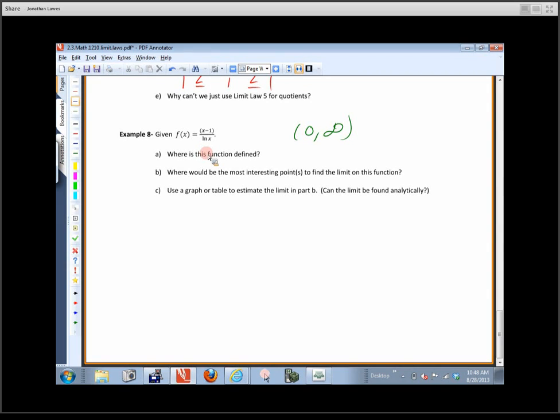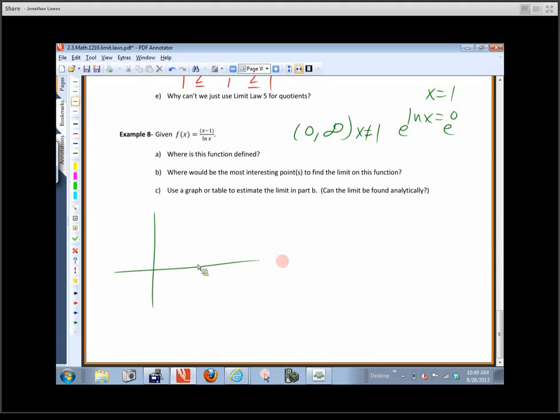What can we not divide by? Can't divide by 0. Is ln of x ever equal to 0? Yes, it is. When? When x equals 1. You could exponentiate both sides and see what that would be when x equals 1. So there's another number that we can't use. We can't use a positive 1. So if we were to think of what the graph looks like, it doesn't exist over here.